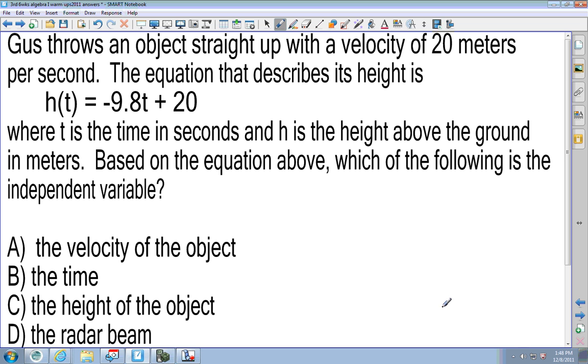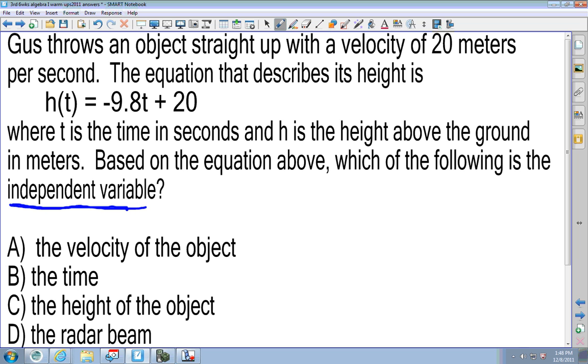Here's the next one. Gus throws an object straight up with a velocity of 20 meters per second. The equation that describes its height is h of t equals negative 9.8t plus 20, where t is the time in seconds and h is the height above the ground. Based on the equation, which is the independent variable?